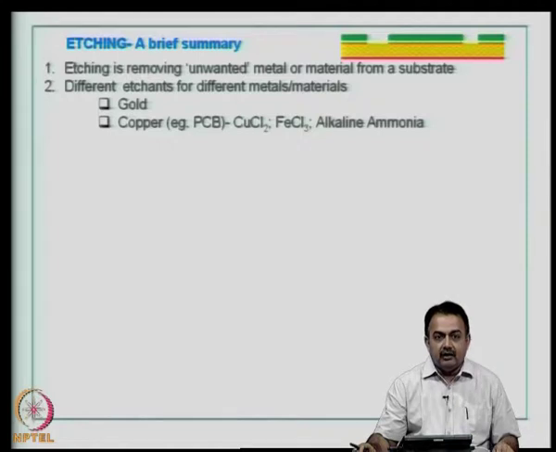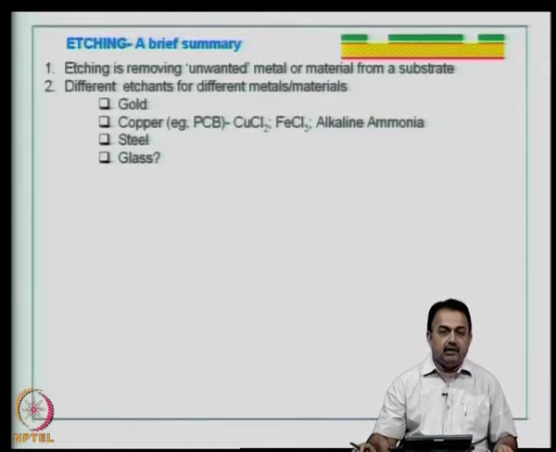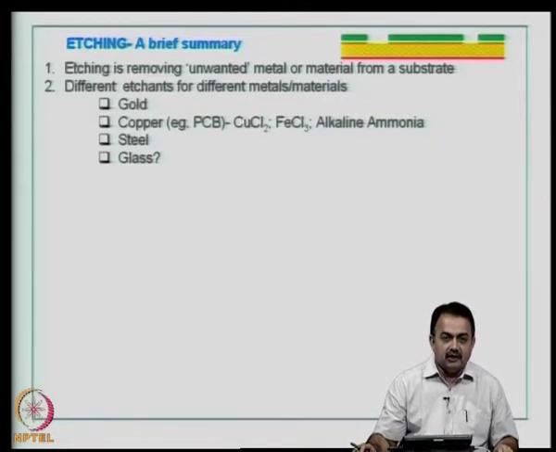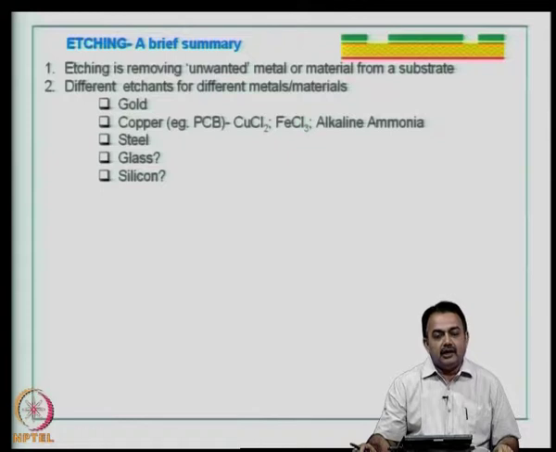Then you can etch copper, typically in PCB, using cupric chloride, ferric chloride, alkaline ammonia. You have different etchants for steel. You can even etch glass using hydrofluoric acid, for example. Therefore, etchants can be employed for various materials and metals, and here we are interested in copper.